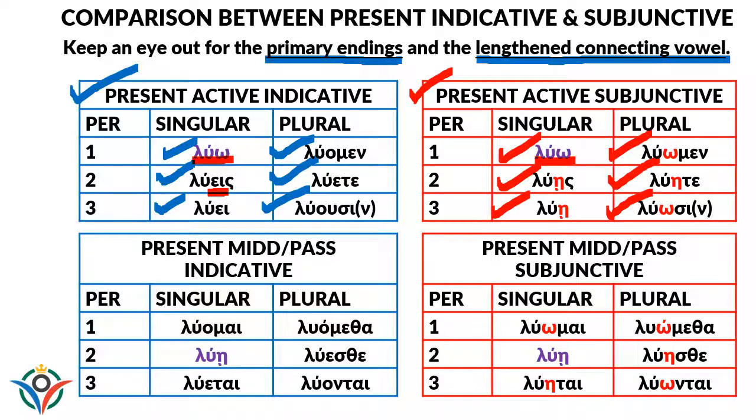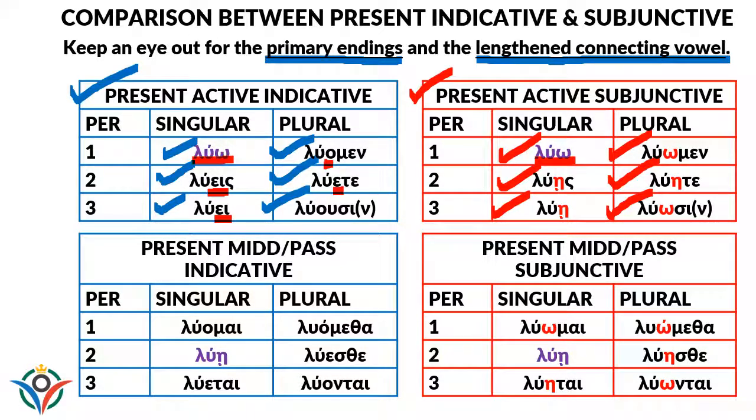The third person singular, we had the diphthong epsilon iota, and that now has become an eta with the iota subscript as well. And then the first person plural, we had luomen. The omicron is lengthened now to the omega. The second person plural, we had luete, the epsilon has lengthened to the eta.